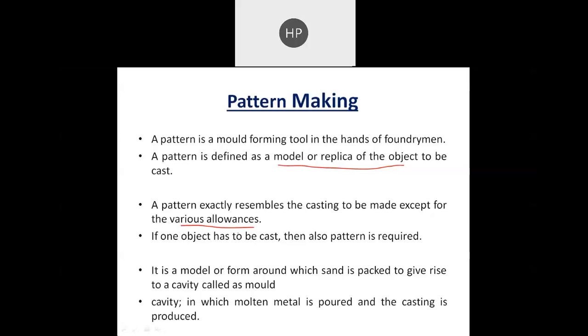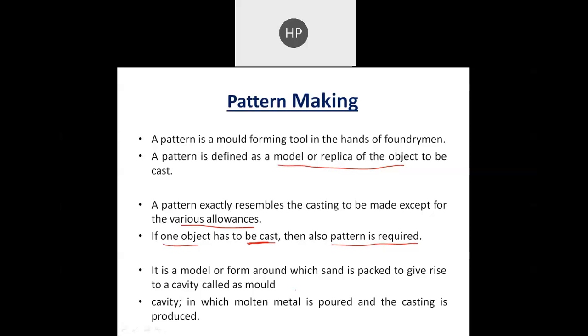Without a pattern you cannot cast even a single object. That is a must requirement. Whether you want to produce one object or more, you must have a pattern. Without a pattern you cannot do the casting process.